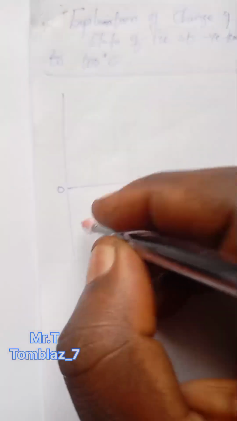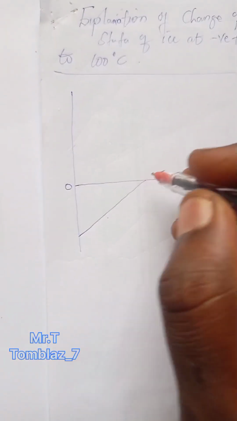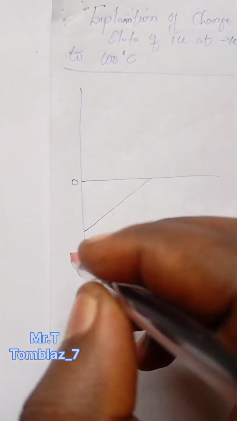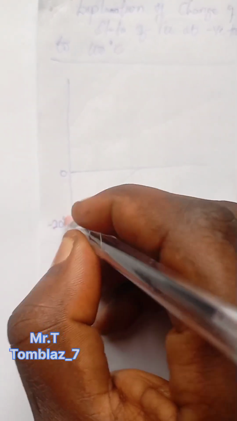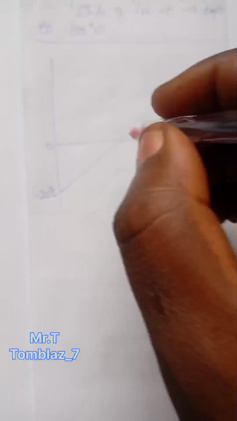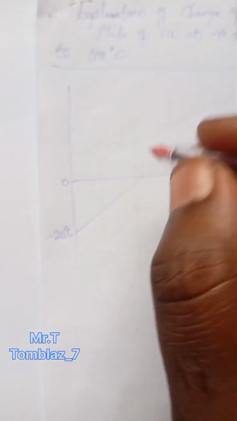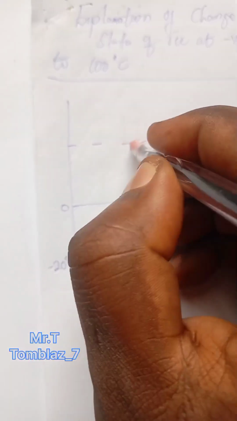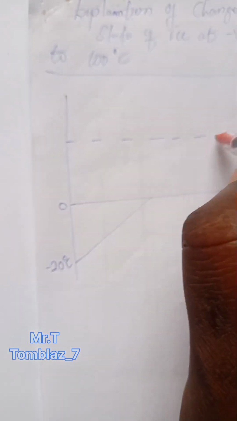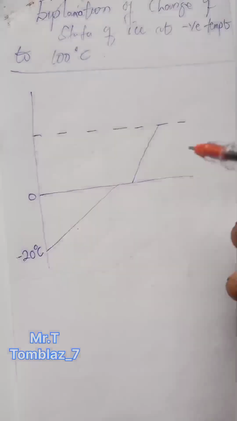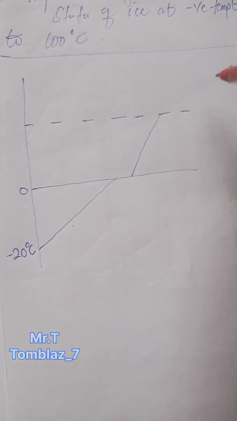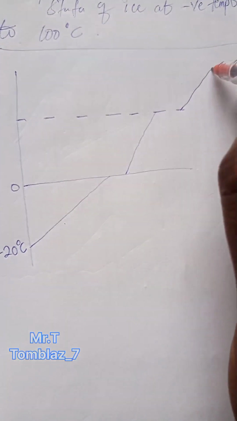I'll explain everything in a bit, so just follow. I have what temperature? Any negative, let's say minus 20 degrees centigrade. And then let's have another point here.